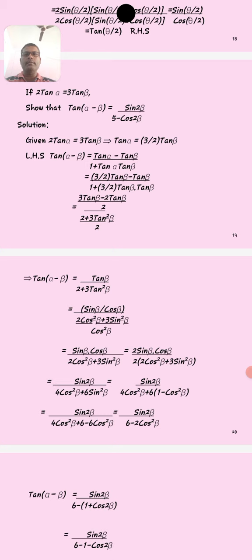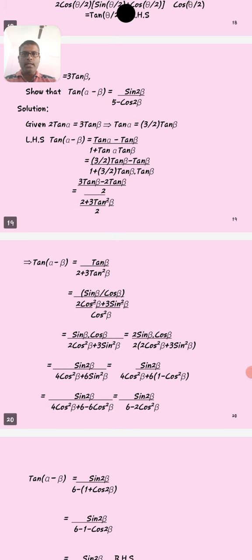Now the LHS, tan of alpha minus beta, using the tan of A minus B formula. What is the tan of A minus B formula? Tan alpha minus tan beta divided by 1 plus tan alpha into tan beta. We write the tan alpha value, 3 by 2, so in the place of tan alpha substitute 3 by 2 tan beta: 3 by 2 tan beta minus tan beta divided by 1 plus 3 by 2 tan beta into tan beta.